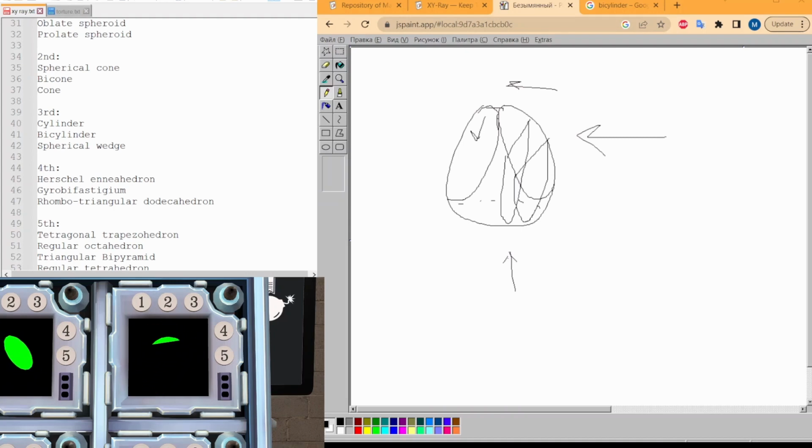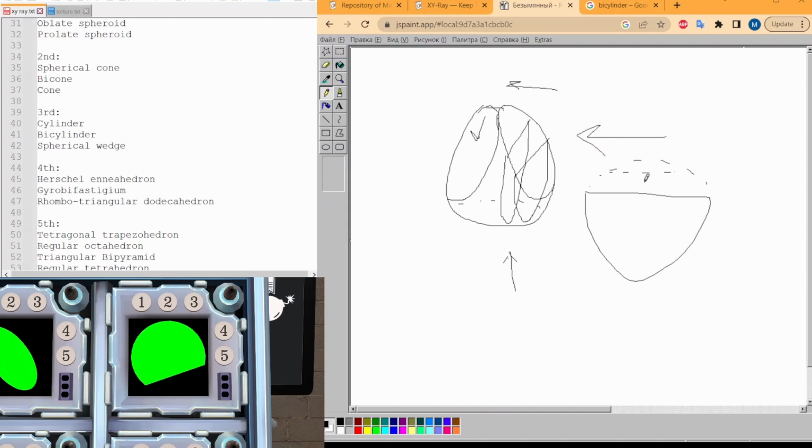So it becomes higher, and then goes back again. And these are two basic perspectives.